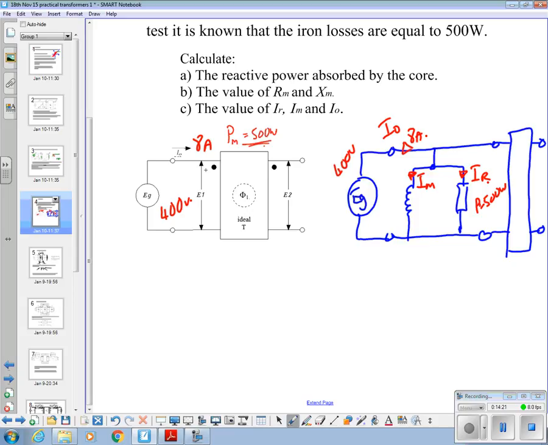So what do we know about that resistor? We know its power is 500 watts. What else do we know about it? It's got 400 volts across it. Yeah, because the two components are in parallel, we can use the voltage and the power to find the value of the resistor. Yeah, and the way I've done it, but you can do that. So what's the formula?